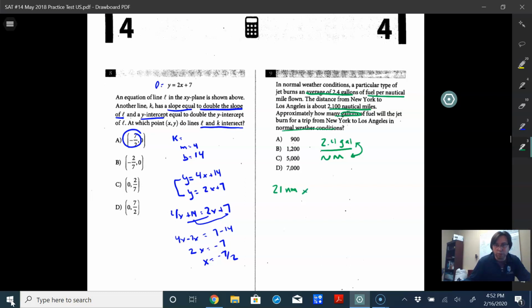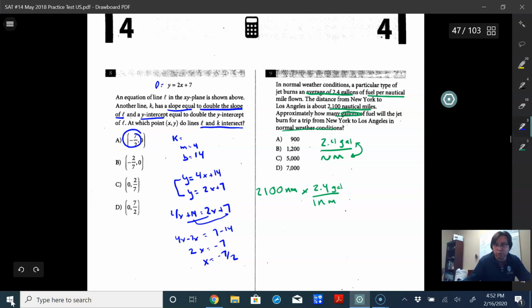So 2,100 times 2.4, and that's 2.4 gallons per each nautical mile.